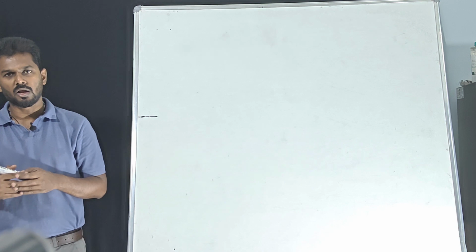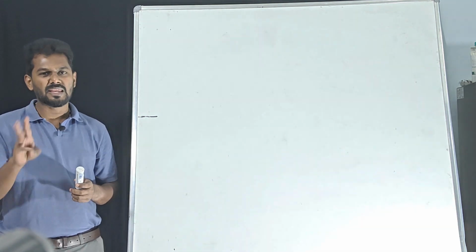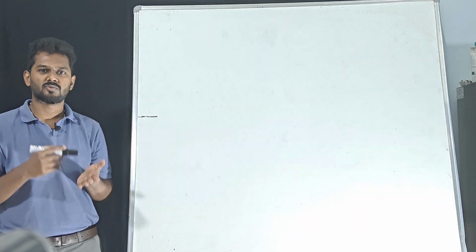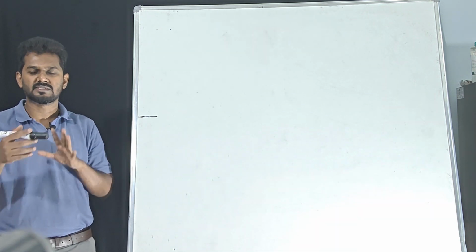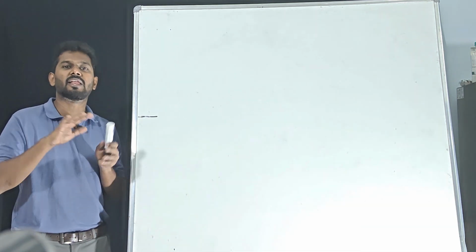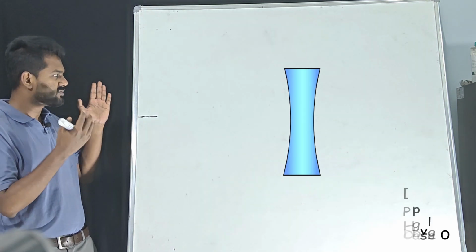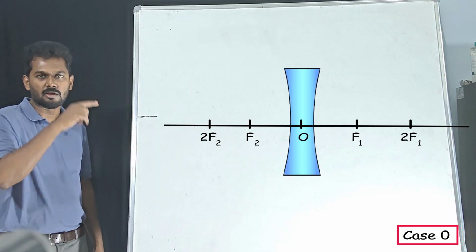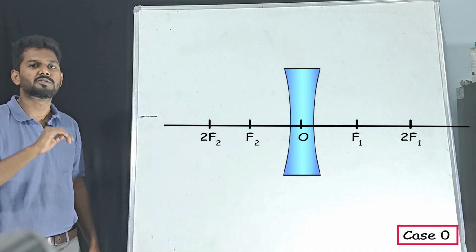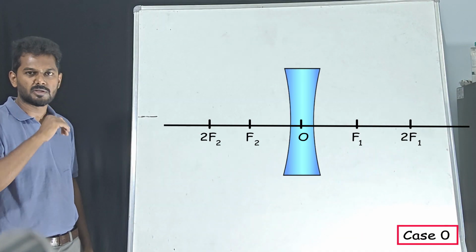When it comes to concave lens, we have only three cases, that is case 0, case 1 and case 2. Why are we taking the first case as case 0? Because in case 0 we don't have any application. First we'll learn everything about concave. The basics we have learnt: when it is not parallel to principal axis, when it is parallel to principal axis.